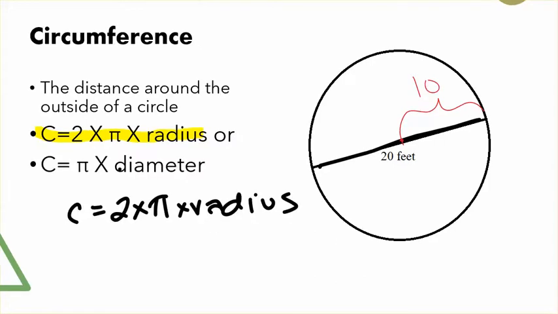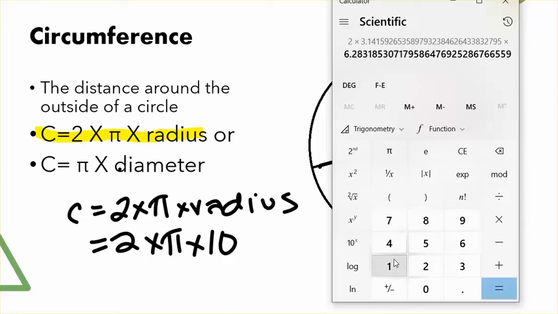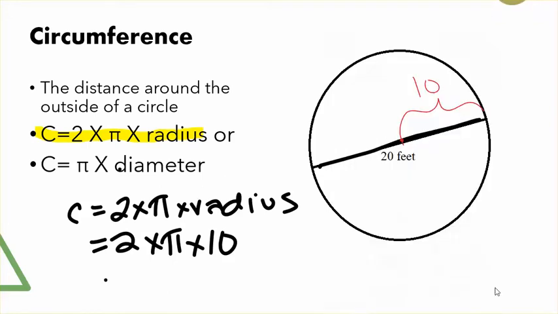I can use the formula circumference equals 2 times pi times radius. Or in this case, 2 times pi times 10. You'll notice it also gets us 62.8. So as long as you remember that the radius is half of the diameter, you're going to get the correct answer using either formula.